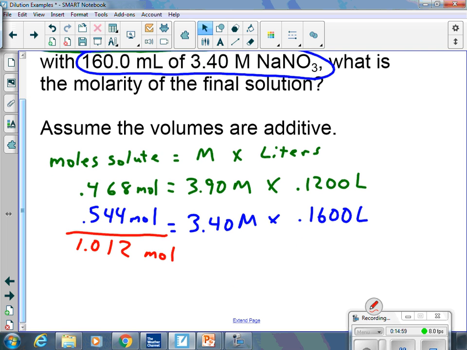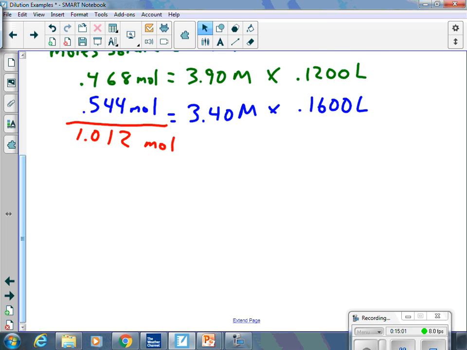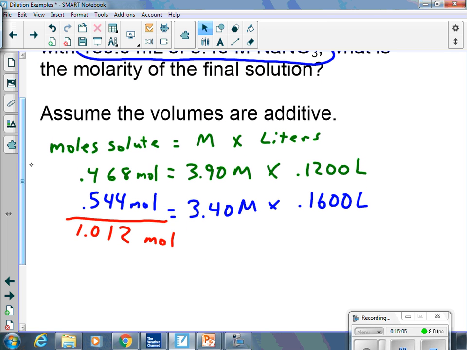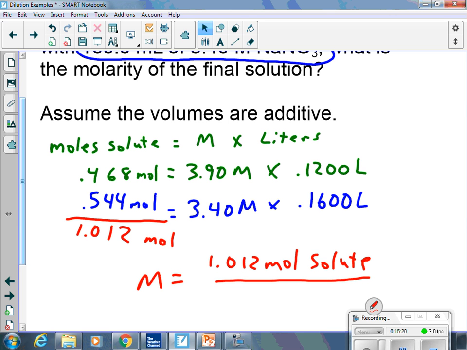Now, let me extend that down just a teensy bit. Okay. Now, folks, let's look at this. I know that my molarity is equal to my moles of my solute over what? The volume, the liters of solution. How many liters of solution do I have here?